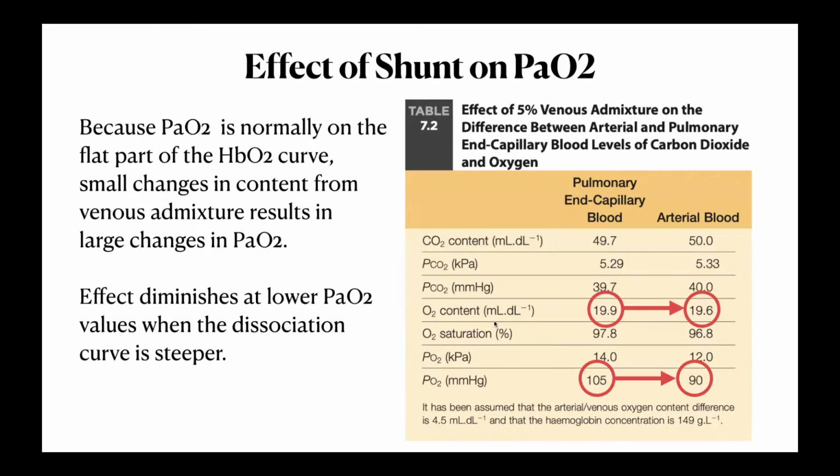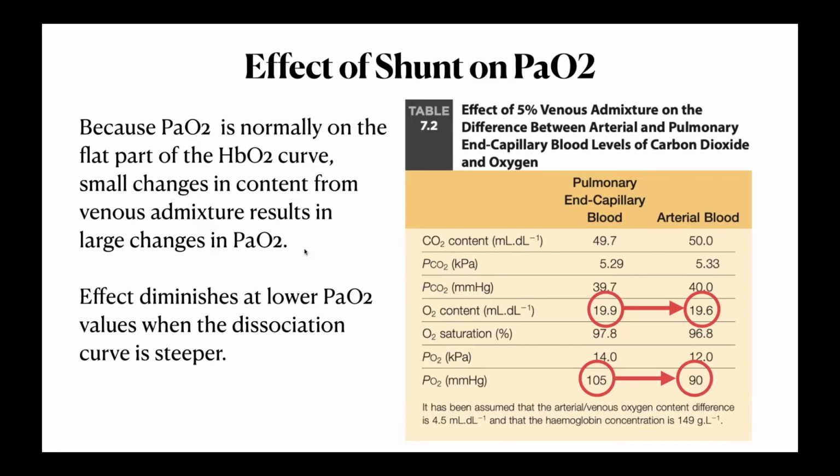Now, what is the effect of shunt on the partial pressure of arterial oxygen? Because the partial pressure of oxygen is normally on the flat part of the hemoglobin oxygen dissociation curve, small changes in content from venous admixture result in large changes in the partial pressure of oxygen.